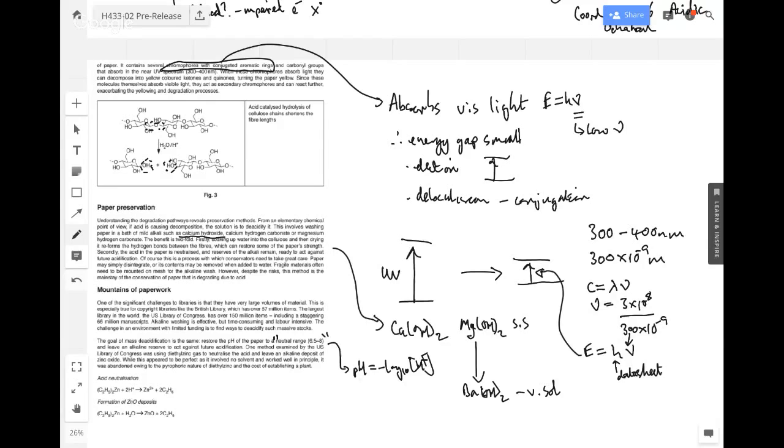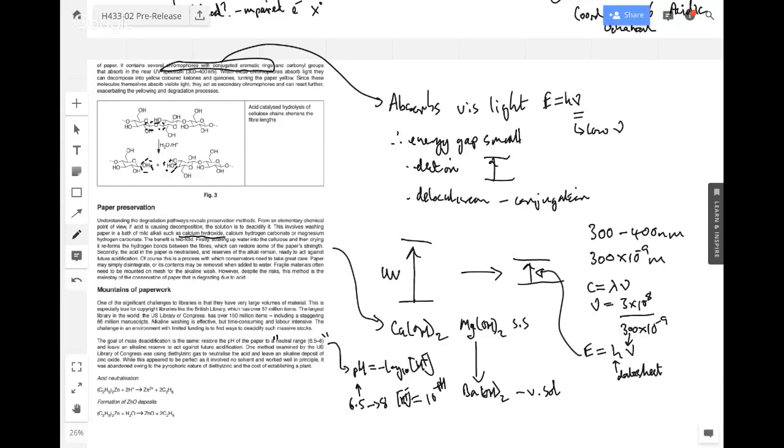So you might have to work out what the actual hydrogen ion concentration would be for that pH range, where that is in range 6.5 to 8. So what's the actual range of hydrogen ion concentration? Maybe. So you'd use that equation, and you'd have to rearrange this. So concentration of hydrogen ions equals 10 to the power of minus pH.